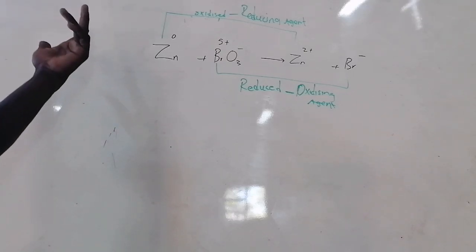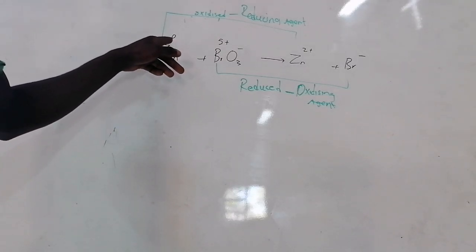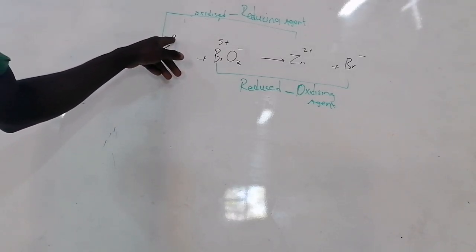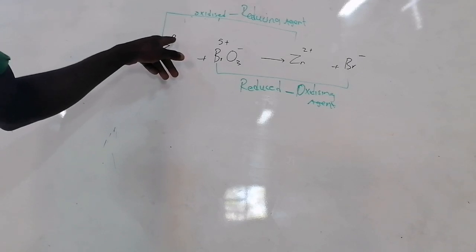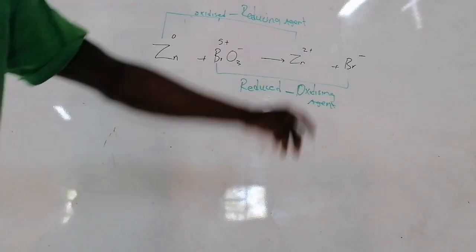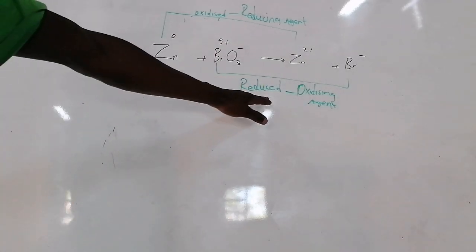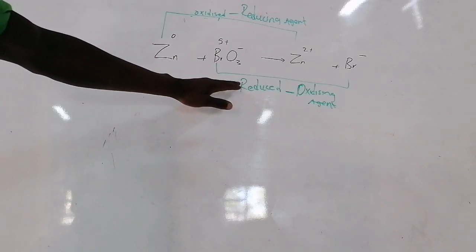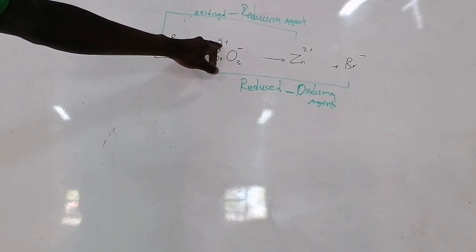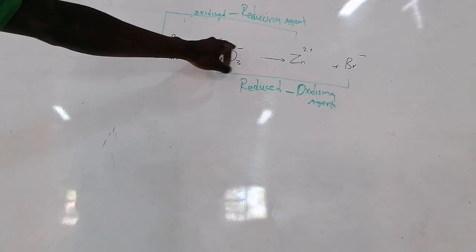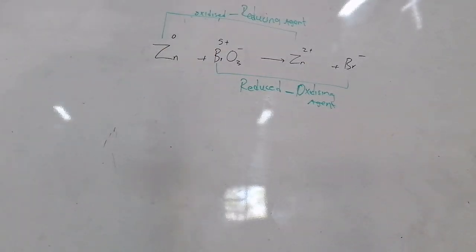You just have to say that because the oxidation number increased from 0 to positive 2. Now, why is it undergoing reduction? It is because the oxidation number decreased from 5 to negative 1. So that's very important.